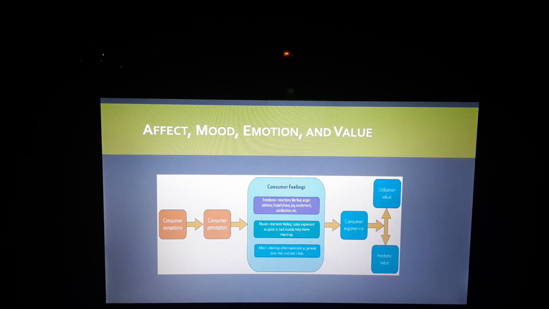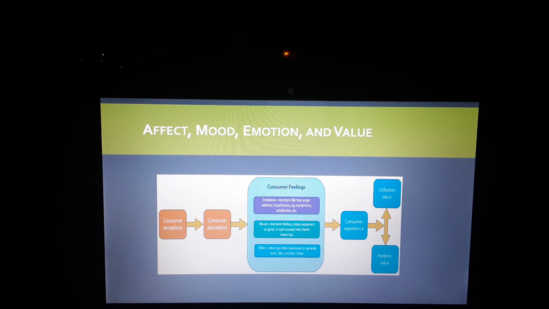Mood is how we feel for a specific period of time. And then affect, is it something that we like or dislike? So emotion, mood, and affect, all very important and all can be considered somewhat, there's some relativity to it.